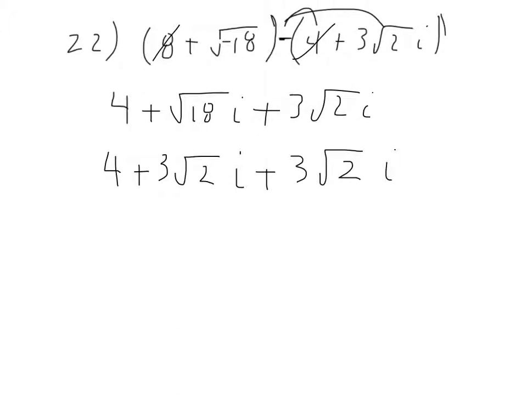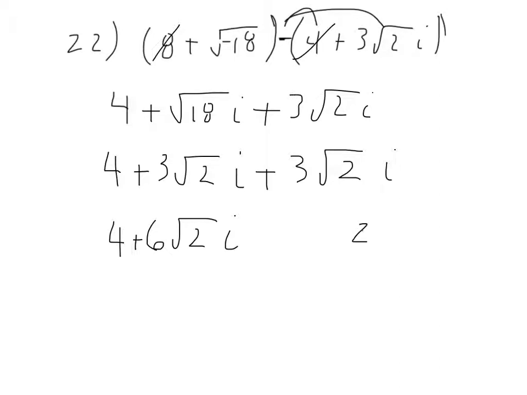So now I have 4 plus, you can think of it 2 ways. Root 2 i is your variable. If root 2 i is your variable, you have 3 of them plus 3 of them, which gives you 6 of them. So this is still plus. Or if 3 root 2 i, all of that, is your variable, if you have 1 of them plus 1 of them, you have 2 of them on the outside.